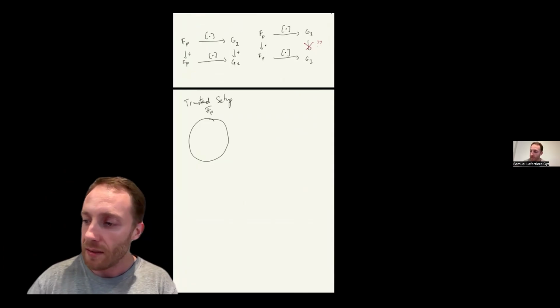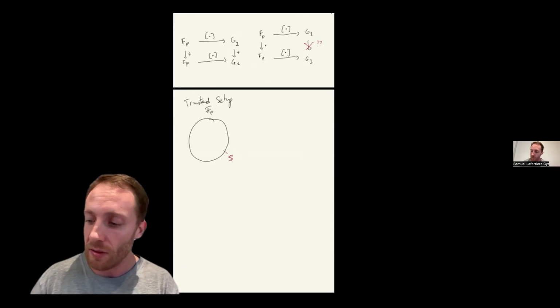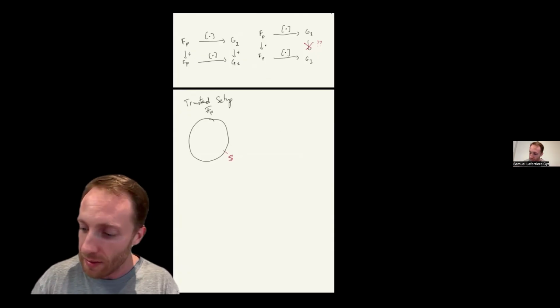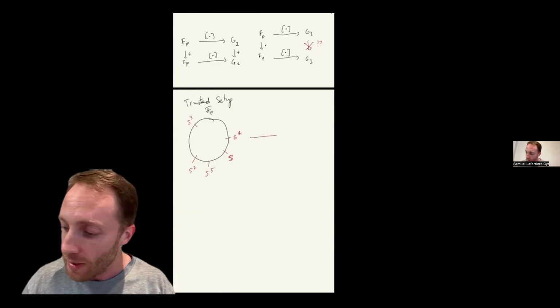And then let's say we start with S. This is our first S that we chose. Then you just raise it to powers, so you get S squared, S cubed, S4, S5 like this. You take all of those powers just by going around the clock, and then we embed all of them into the group.